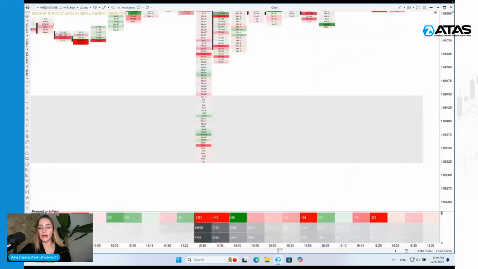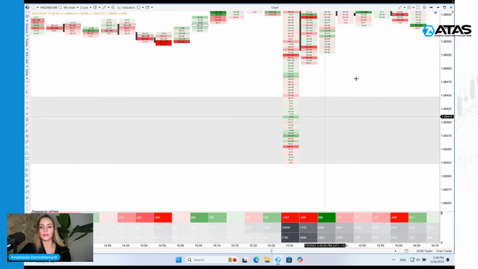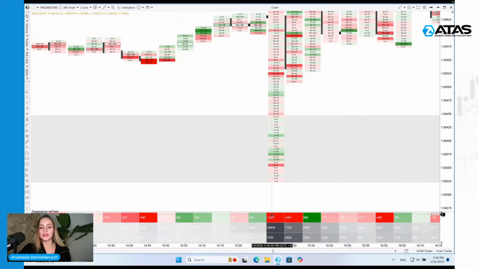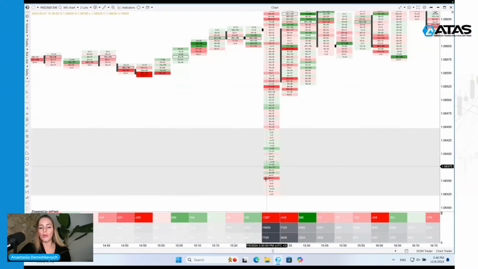And once you see the buying tail, what I want to do is examine the deltas inside of the tail. So if I go here, the first thing I see is my cluster statistic showing me a very big disbalance into the negative side. So at the same candle, when the price was dropping and created the buying tail, I see a very negative delta created. In this specific candle, we had 1,200 more bids than asks.